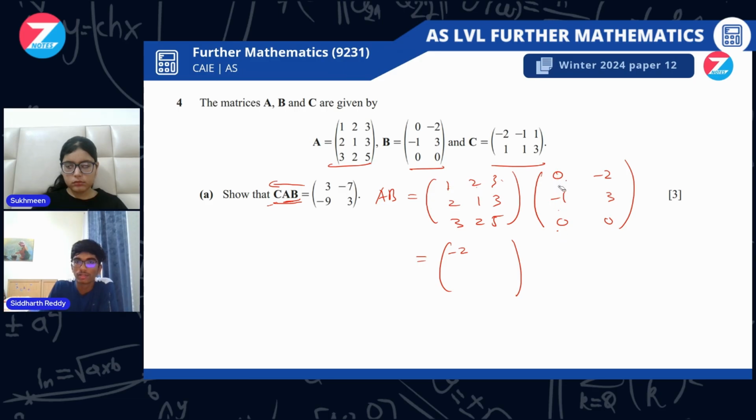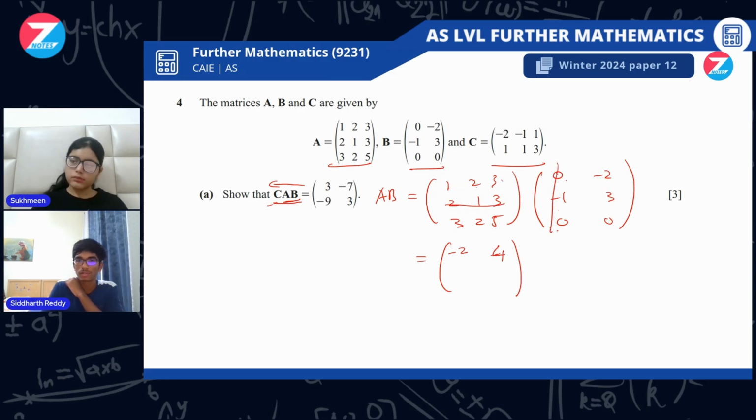Similarly, for the top right, you take the corresponding row and the corresponding column. So that's 1 times minus 2 plus 2 times 3 plus 3 times 0. So 1 times minus 2, that's minus 2, plus 6, that's 4.